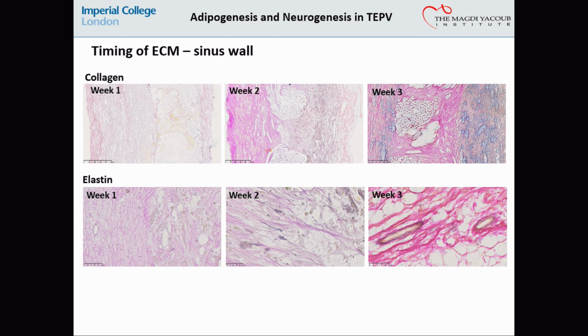We also see the production of elastin, which is quite difficult to produce in vivo. We see small deposits of elastin, and then by week 2, you can see these small fibers of elastin. And by week 3, you can see elastin in the lamellae of the vasculature.